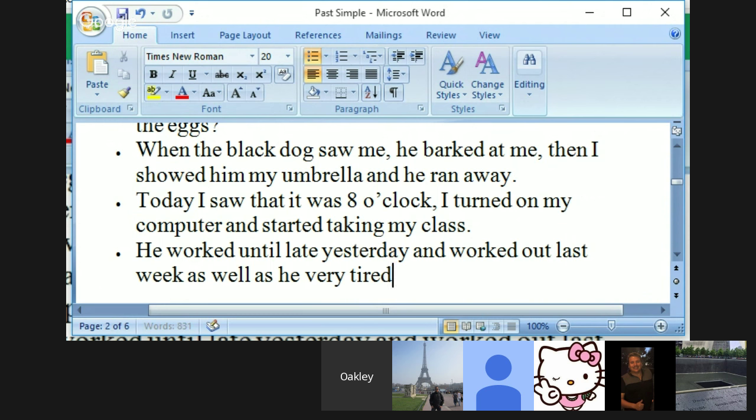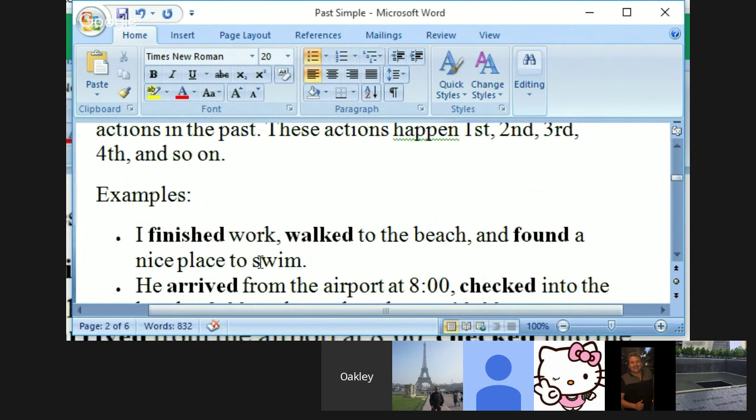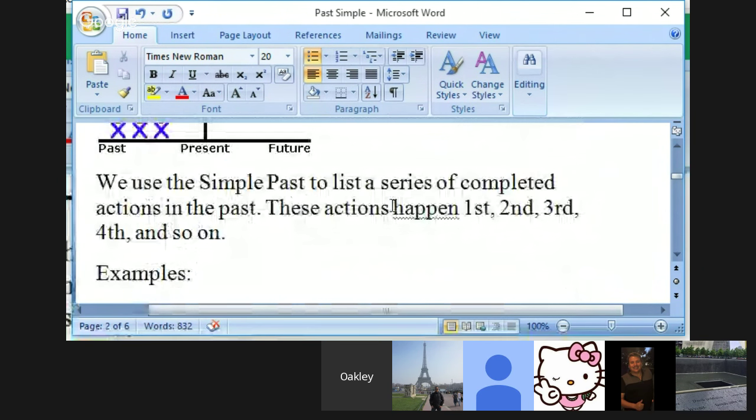Okay, let's fix this up a little. He's yesterday, then last week, and then he's tired. It's not really a series of actions. Being tired isn't an action. That's a stative. That's his state.